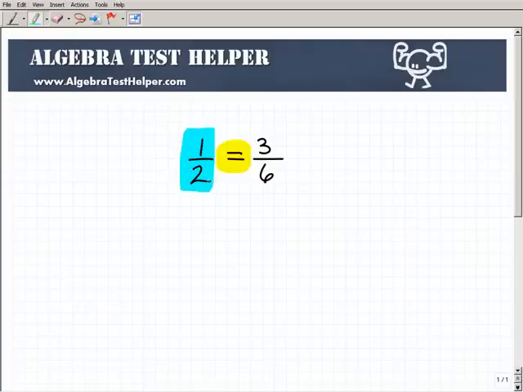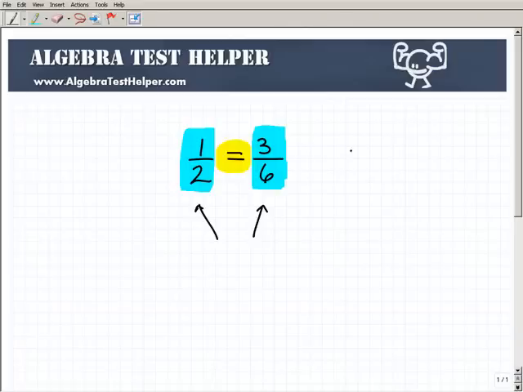Is 1/2 equal to the fraction 3/6? Now just think about that for a second. Is 3/6 the same thing as 1/2? Yes, absolutely. So 1/2 is equal to 3/6. If you have two equal fractions, this fraction is equal to that fraction, and we have an equation sign. This type of equation we refer to as a proportion.